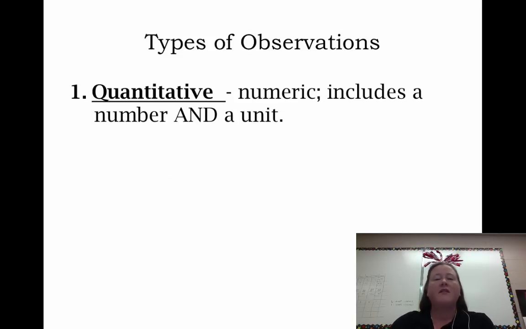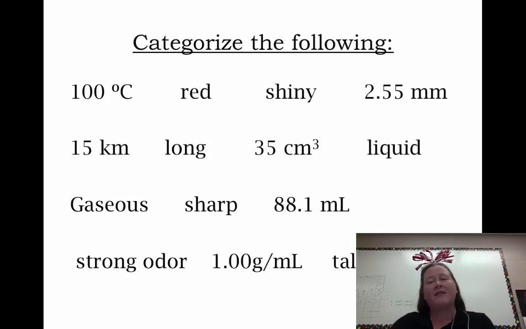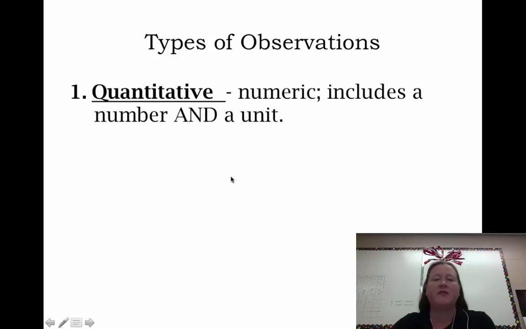Going back to this list, you'll see that we could categorize them into those which contain numbers and those which contain just letters. And our numeric ones are our quantitative observations, and the non-numeric ones are our qualitative observations.